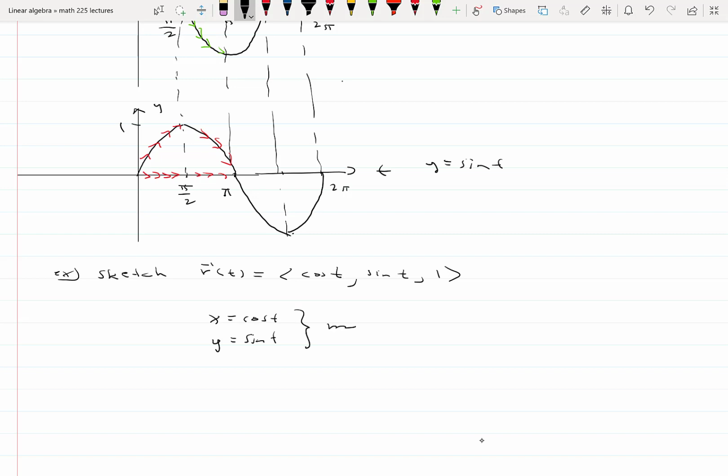This means that x and y stay on the unit circle, and we can go back and say t greater than or equal to 0 again. X and y stay on the unit circle and move in the counterclockwise direction.